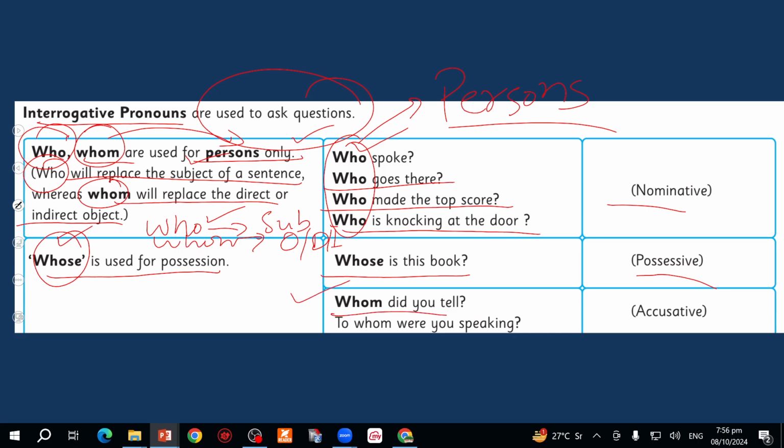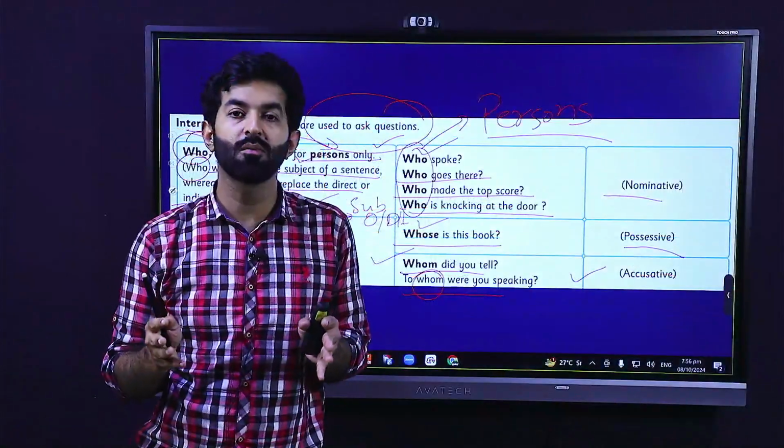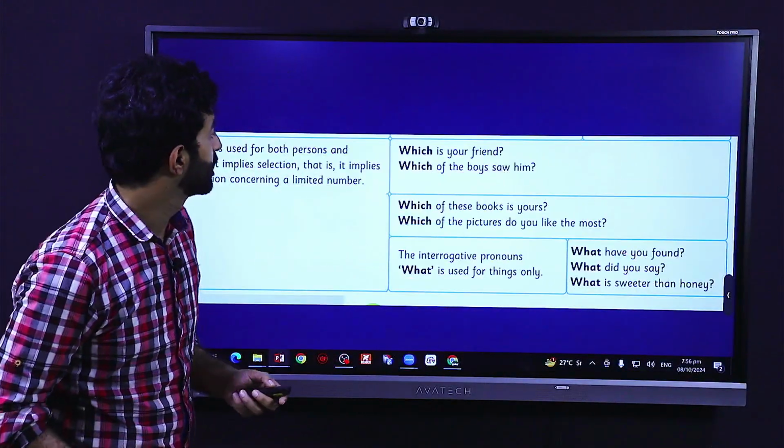Whom did you tell? To whom were you speaking? Now we have seen nominative for subjects, possessive for showing possession, and accusative for inquiring something in the form of accusation.